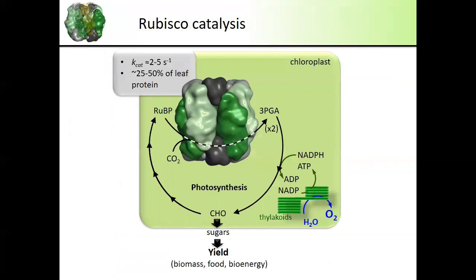So if we look at the fixation or carboxylation reaction of Rubisco, it involves the addition of CO2 to a 5-carbon substrate to produce 2 molecules of 3-phosphoglyceric acid, which feeds into the Calvin-Benson cycle. Following this carboxylation phase, we have a reduction phase, which consumes a lot of energy, supplied through the light reactions of photosynthesis.